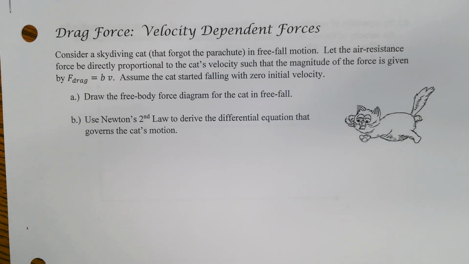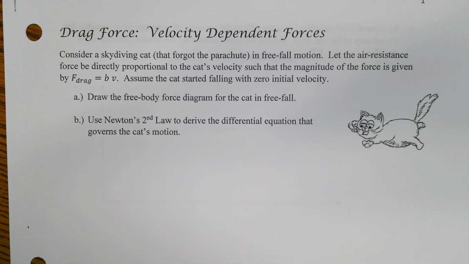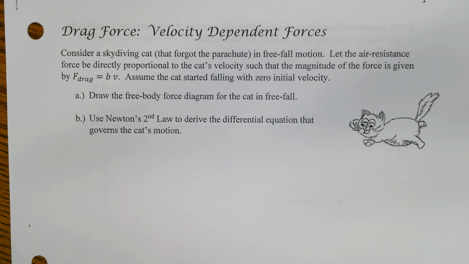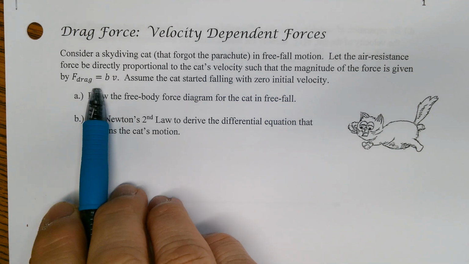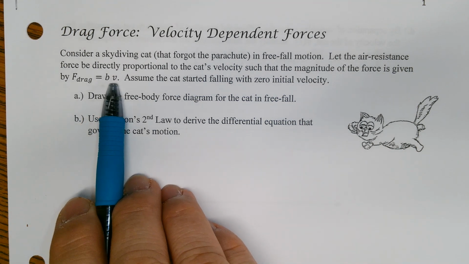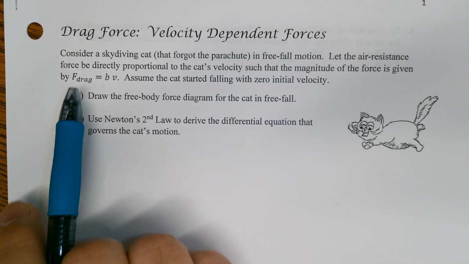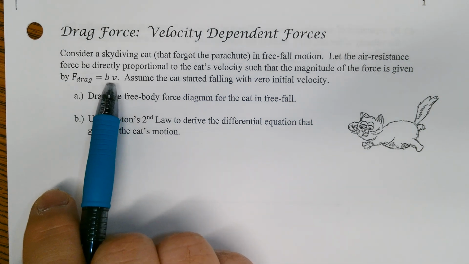Consider a skydiving cat that forgot the parachute. It's okay because cats usually land on their feet, right? In a free fall motion, let the air resistance force be directly proportional to the cat's velocity, such that the magnitude of the force, given by F drag, is equal to B times V. So that's the drag force, and it will depend on how fast the cat is moving.